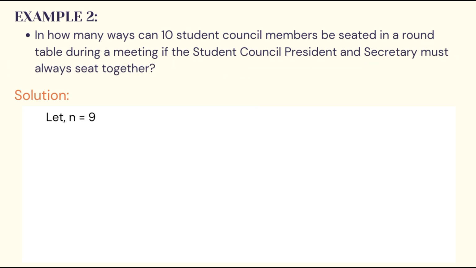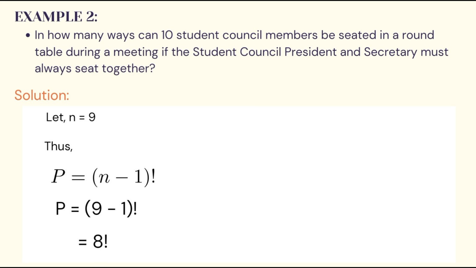Apply the formula for the circular permutation. By substitution, we will have P equals the quantity 9 minus 1 quantity factorial. Get the difference of 9 and 1, we will have 8 factorial.